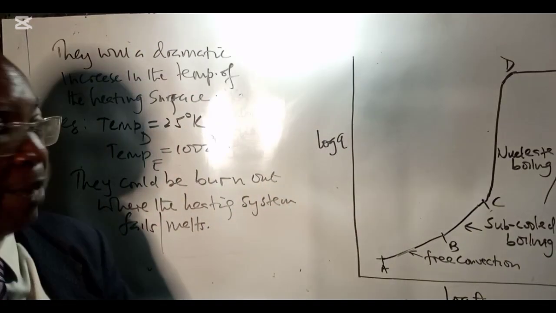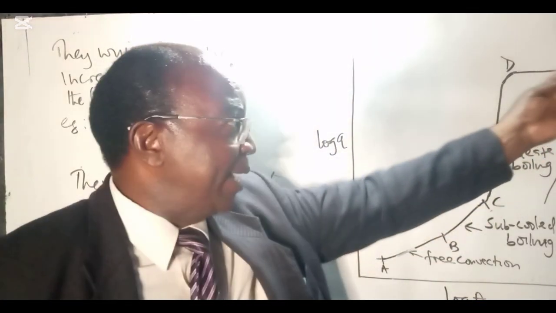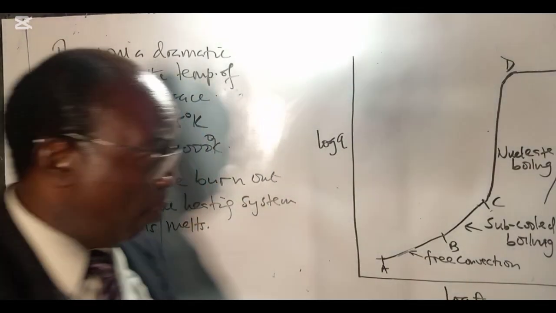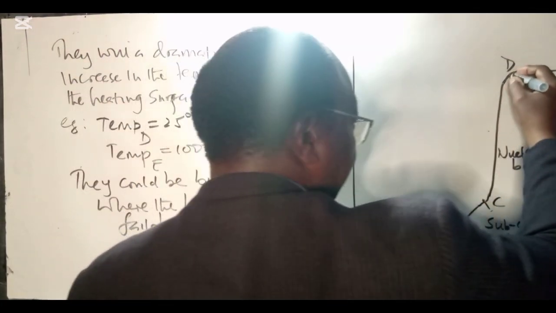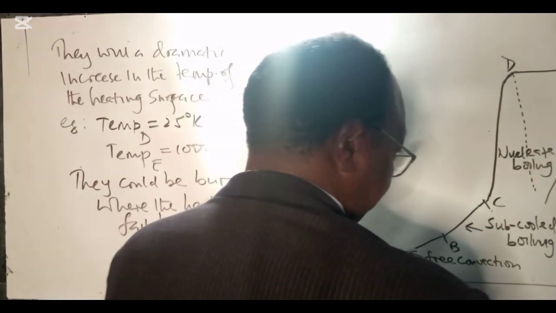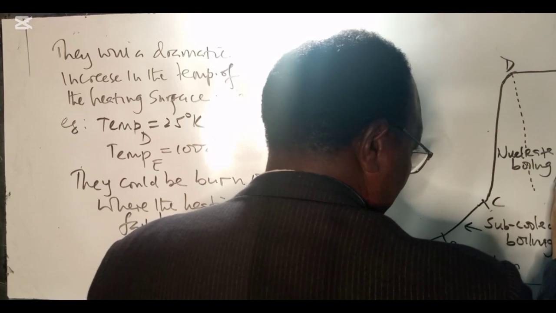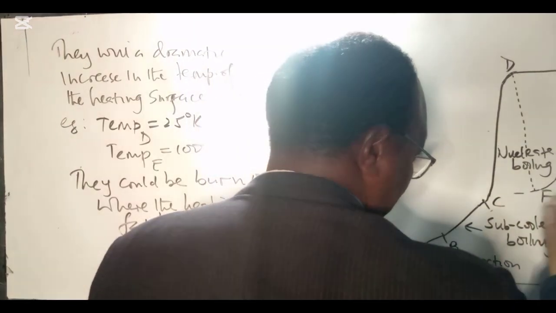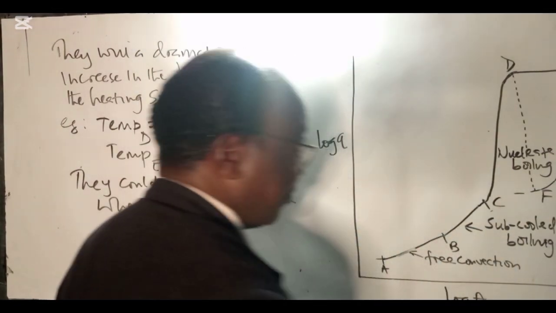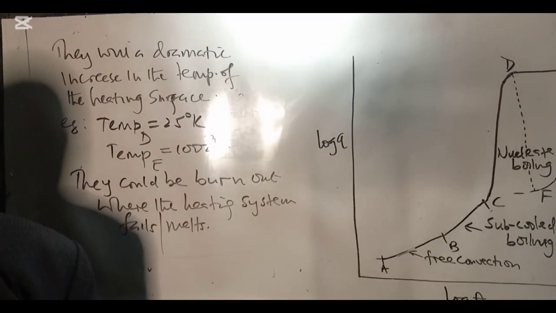But if, for example, you reduce the temperature, you will not go back to D directly. You will be at some point F. And between D and F, that's a very metastable system.